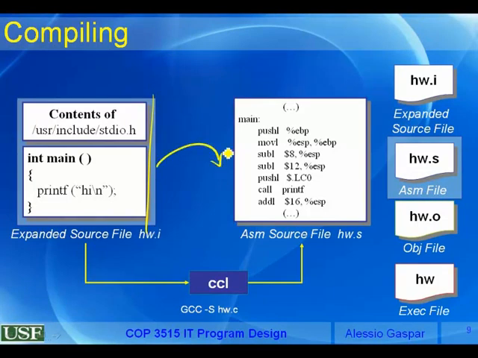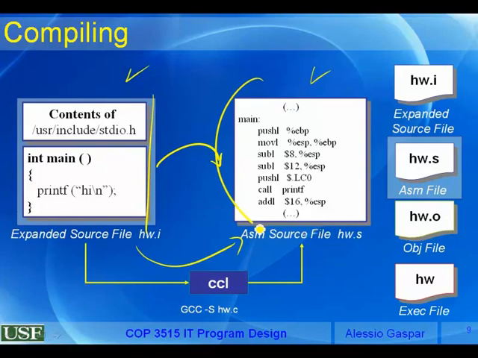Those of you who already took computer organization are already familiar with assembly language. If not, don't worry, you are going to get there in time. But the bottom line is that you can see already from 40,000 miles that here we have something really human readable, a high-level programming language, and here a much lower-level programming language. So this is the first thing that happens to really transform your program into an executable.